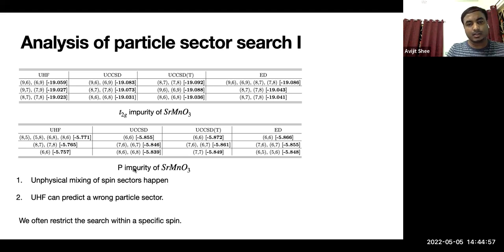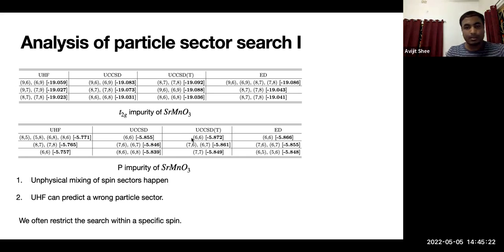And if we consider the example of the p-impurity, there what we have seen is that UHF completely predicts a wrong particle sector in comparison to ED, but UCCSD and UCCSD(T) predict the right particle sector.